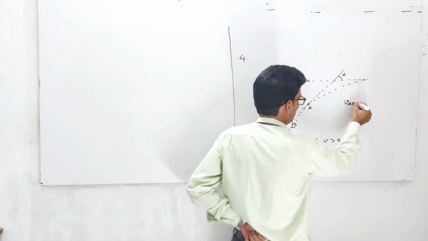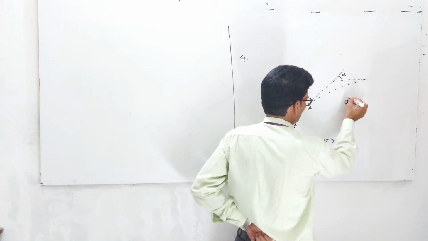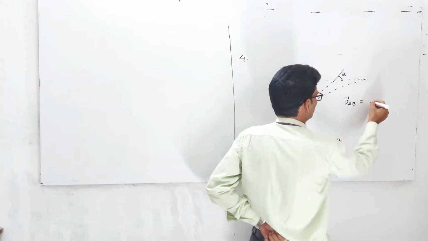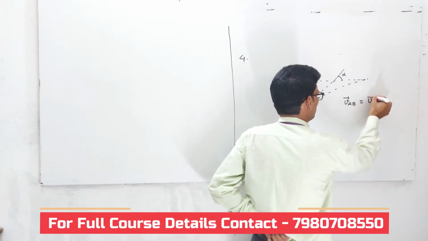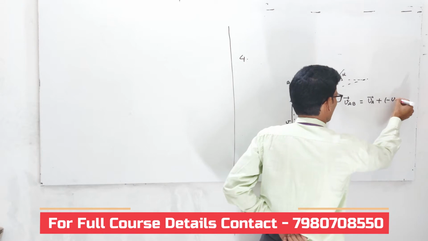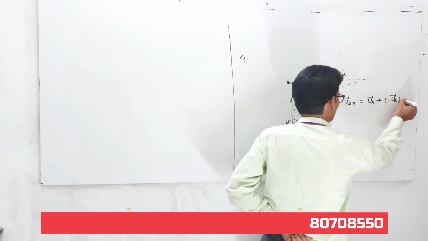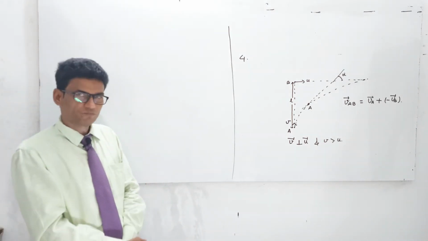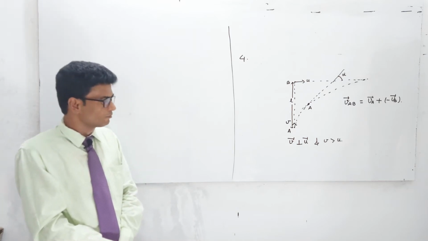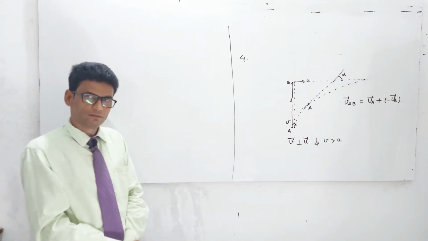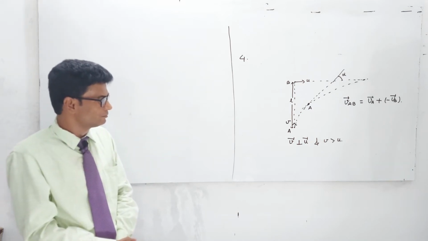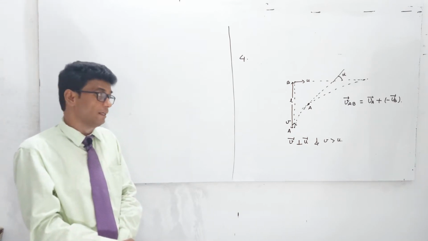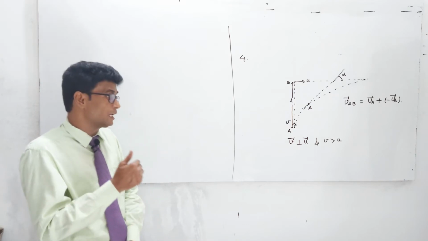Velocity of particle A with respect to the particle B is velocity of particle A plus or minus velocity of particle B. But we are interested in its component in the direction of the line of motion of A at time t, that is, in the aimed direction.